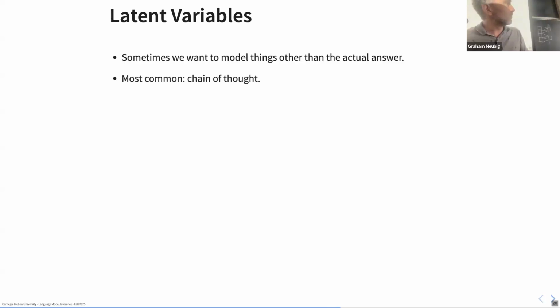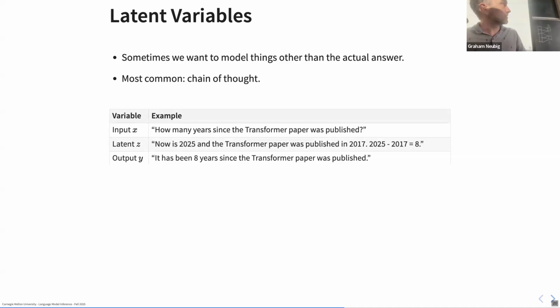And the most common variety of this is chain of thought. So what this would mean is our input X would be something like how many years since the transformer paper was published. And then the latent would be now is 2025 and the transformer paper was published in 2017. 2025 minus 2017 equals 8.